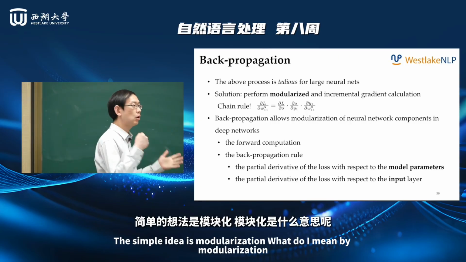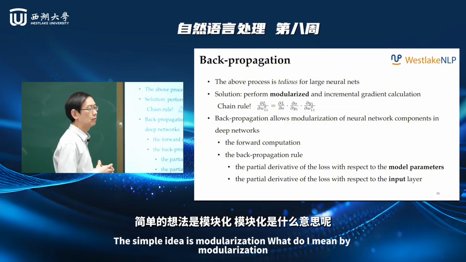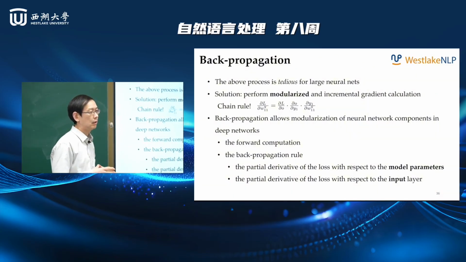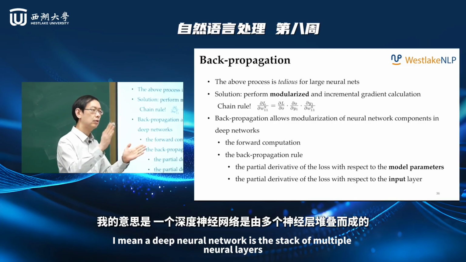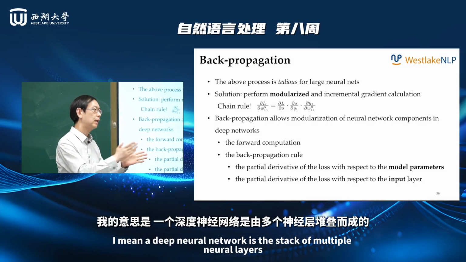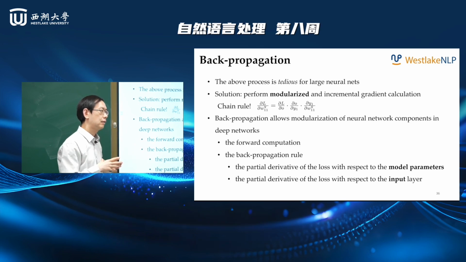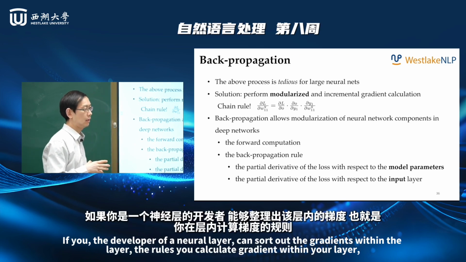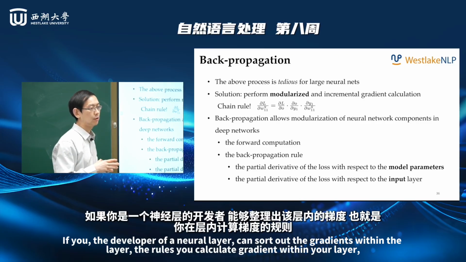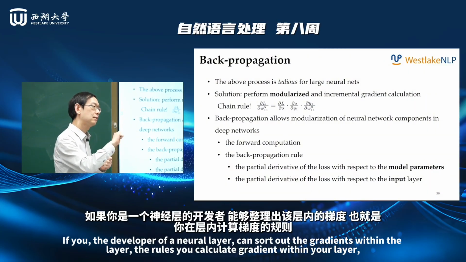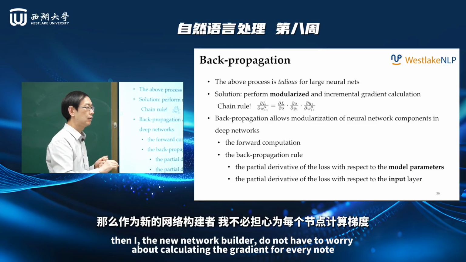The simple idea is modularization. What do I mean by modularization? I mean a deep neural network is a stack of multiple neural layers, right? If the developer of a neural layer can sort out the rules to calculate gradients within the layer, then I, the neural network builder, do not have to worry about calculating the gradient for every node.